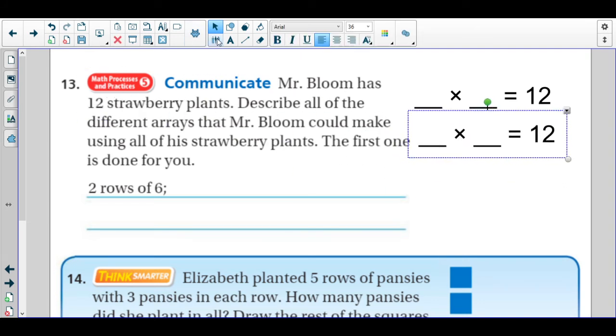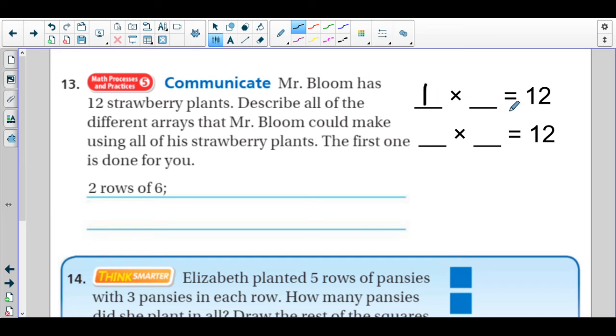And that is, start with the 1. 1 times what number gives me 12? Well, that's 12. What about 2? 2 times the number gives us 12. You know, that's 6, because it's right here.